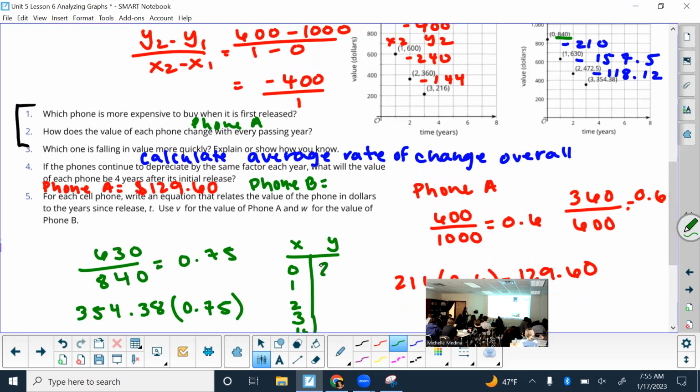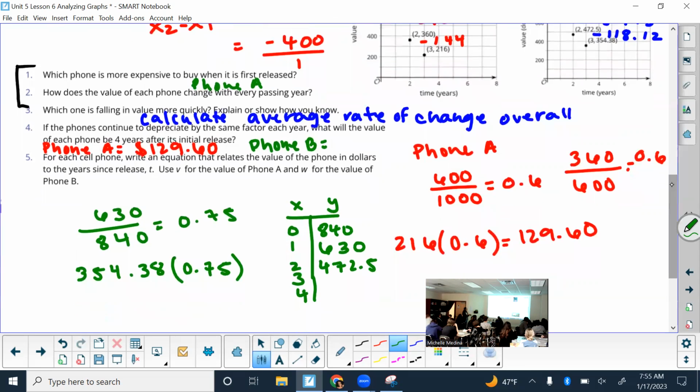The rate of change helps us answer different types of problems, like which one is decreasing at a faster rate. So sorry if that was confusing, but we're looking at the outputs, the Y values on our coordinates. So that is what we are multiplying by the 0.75 each time to get the next number.